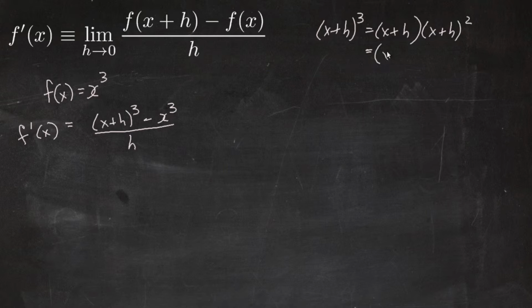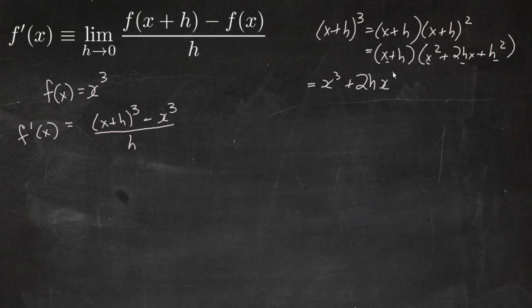I remember from the last example that this was x squared plus 2hx plus h squared. So now we can multiply each of these three terms by x. So x times x squared gives me x cubed. X times 2hx gives me a 2hx squared. X times h squared gives me an h squared x.